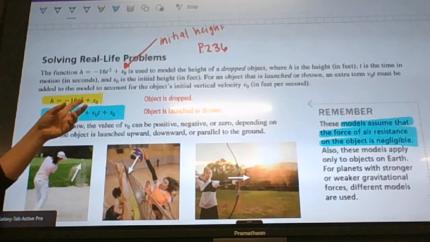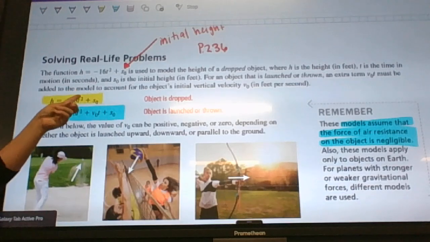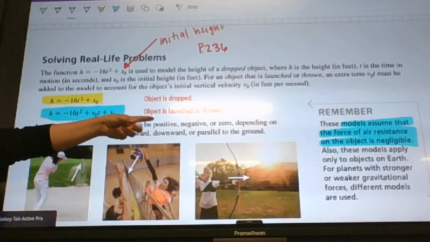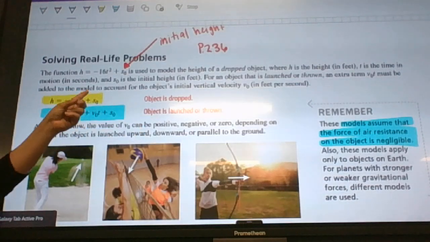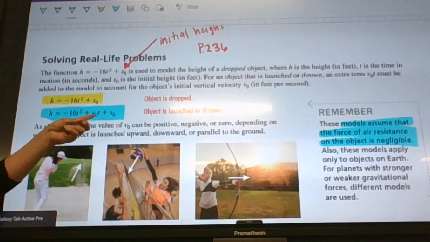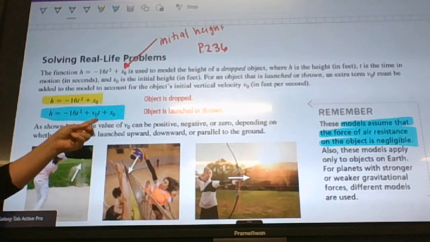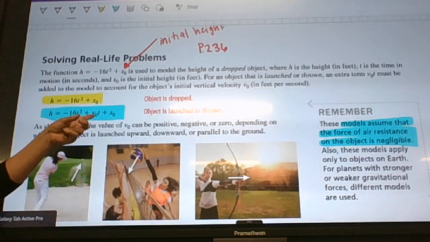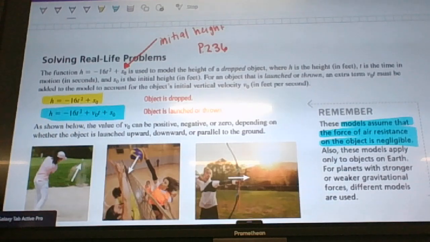This one is for an object dropped. This one is launched or thrown. So if there's a velocity, that actually shows up in the B portion of the formula, next to the negative 16.